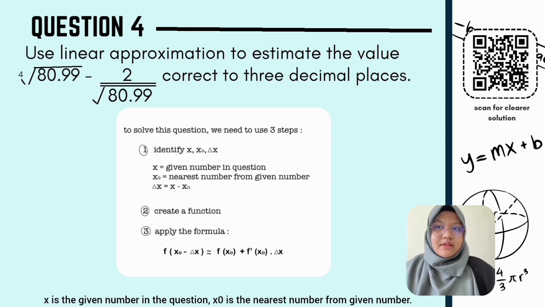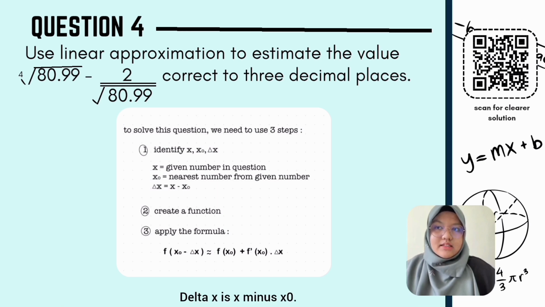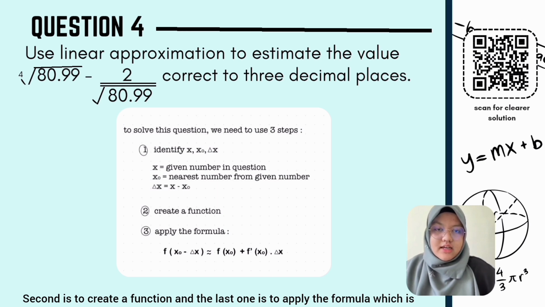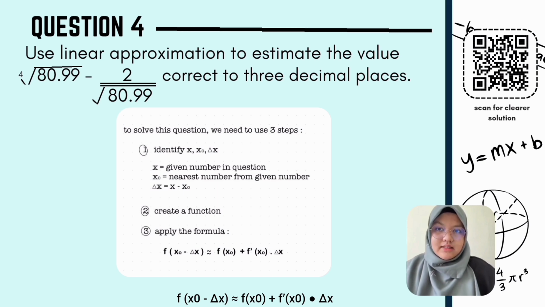X is the number in question. X0 is the nearest number to the given number. Delta x is x minus x0. Second is to create a function, and the last one is to apply the formula, which is f(x0 plus delta x) approximately equals f(x0) plus f prime(x0) times delta x.